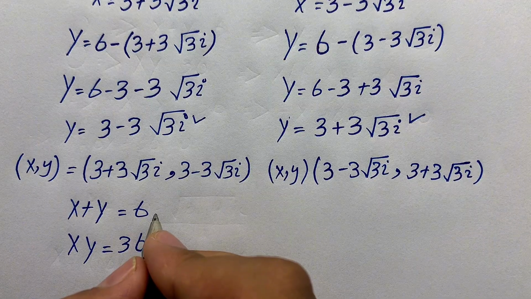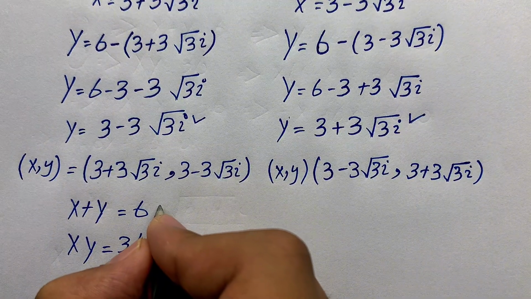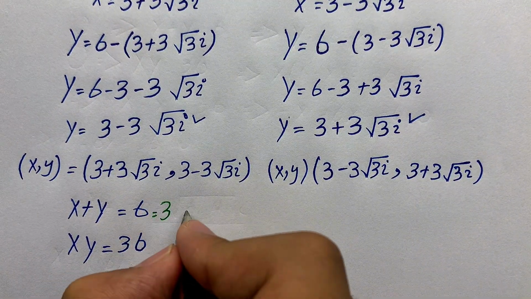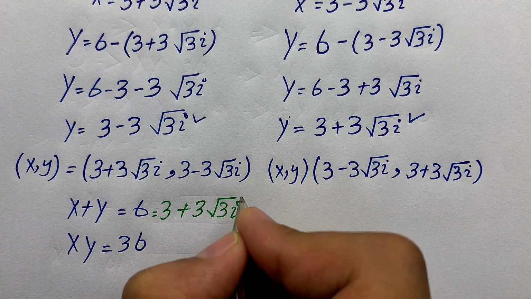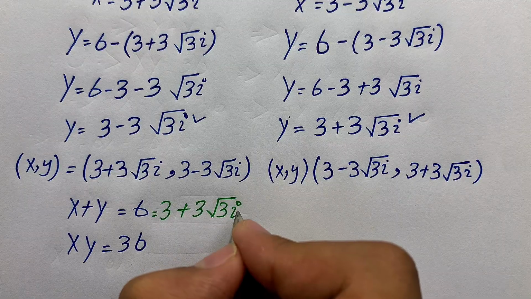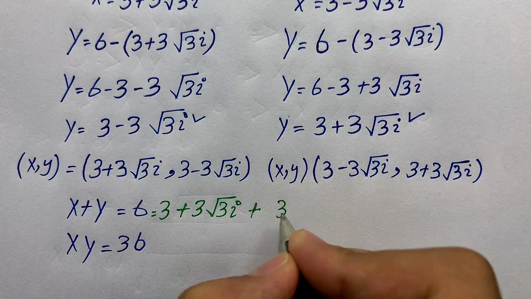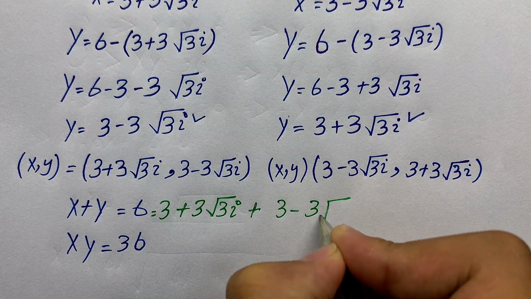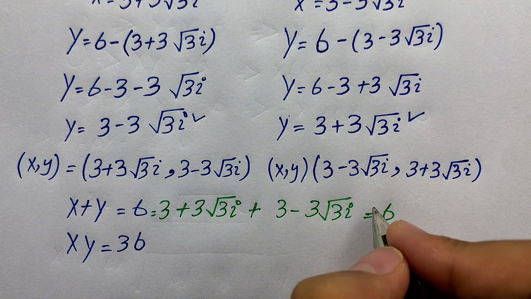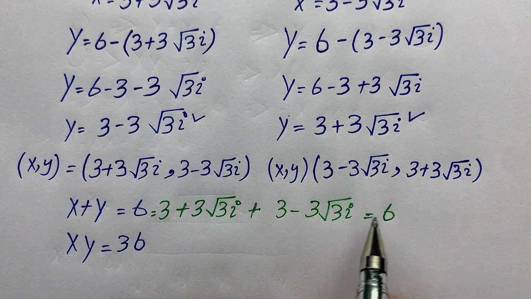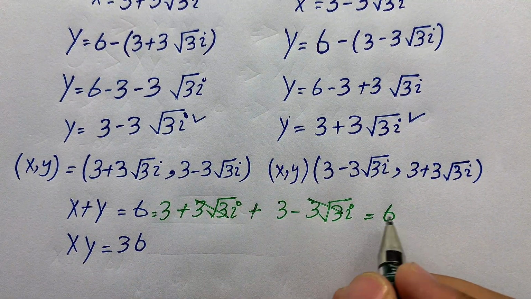This will be 3 plus 3 into square root of 3 iota plus 3 minus 3 into square root of 3 iota is equal to 6. The iota terms cancel, leaving 3 plus 3, and 3 plus 3 is equal to 6.